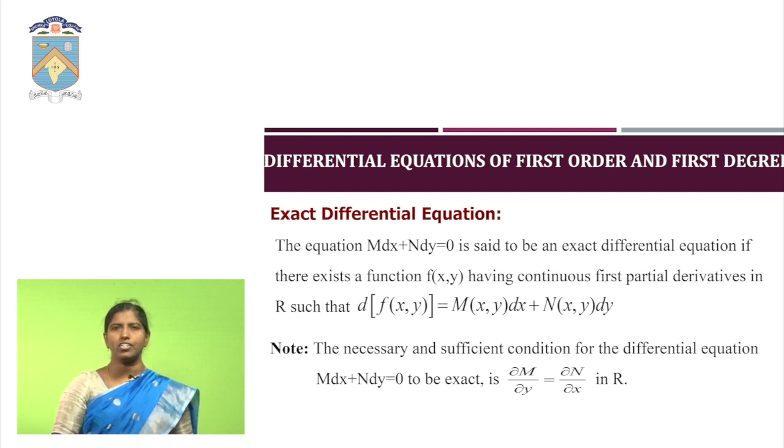In a nutshell, the definition of an exact differential equation is: the equation M dx plus N dy is equal to 0 is said to be an exact differential equation if there exists a function f of x comma y, that means we will be having x variables, y variables, and having continuous partial derivatives in R, such that it is defined as d of f of x comma y is equal to M of x comma y into dx plus N of x comma y into dy.